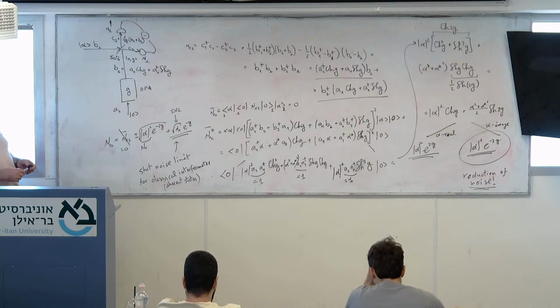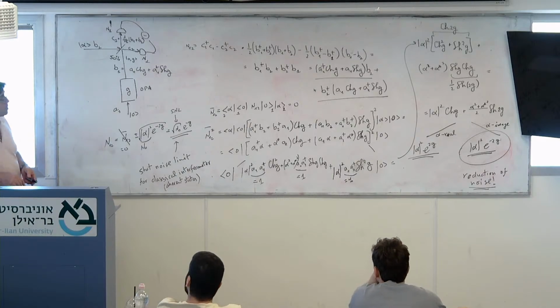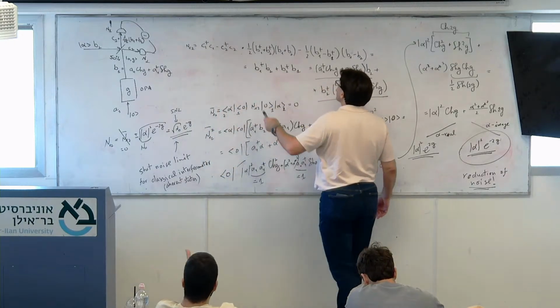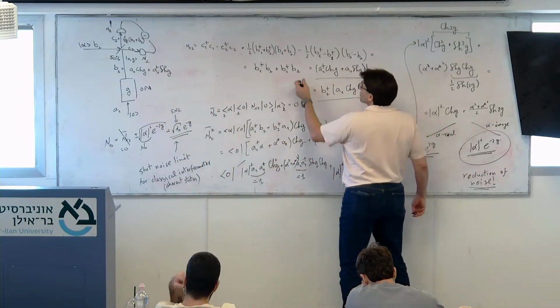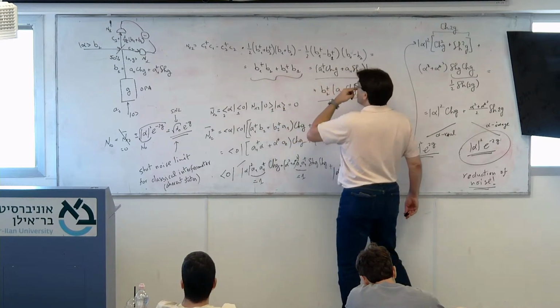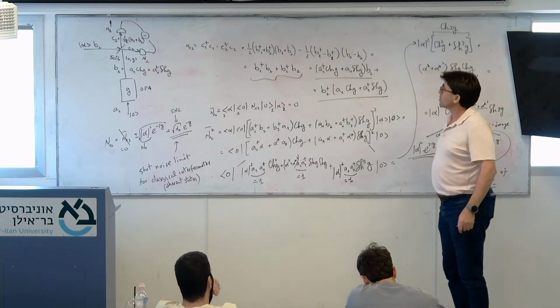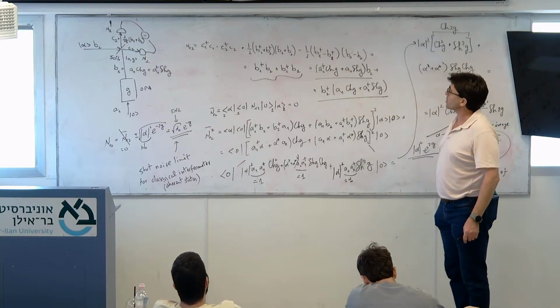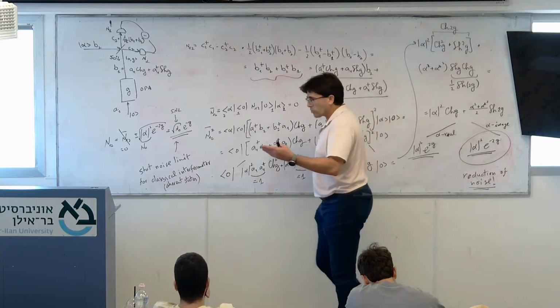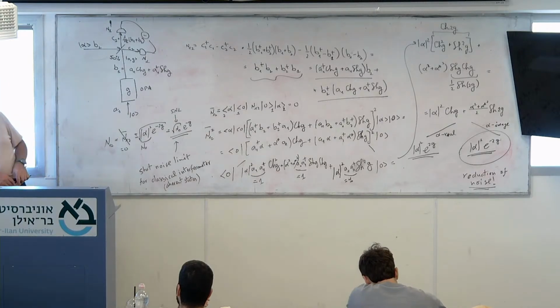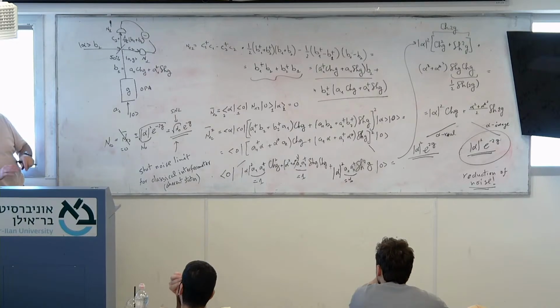By doing that, we reduce the noise of one quadrature, the quadrature that we measure, because this is effectively like measuring a quadrature.